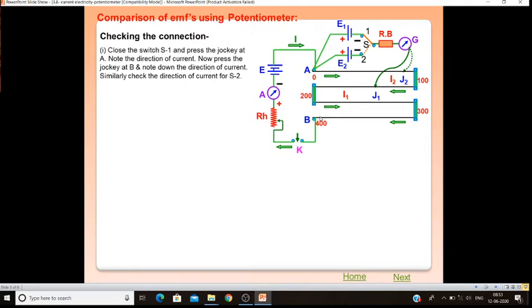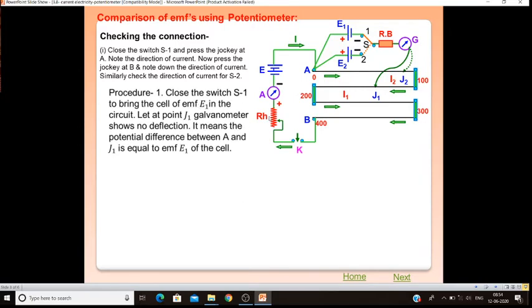If not, then we have to check the circuit. What can we check? The positive terminal of the cell must be connected with the positive terminal of the source battery, and the EMF of the cell must be less than the EMF of the source battery.